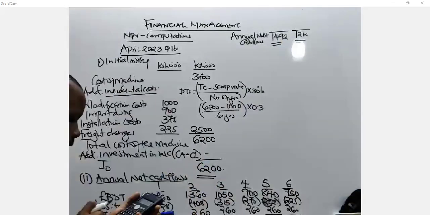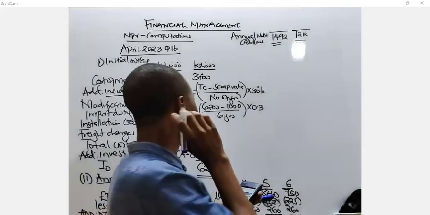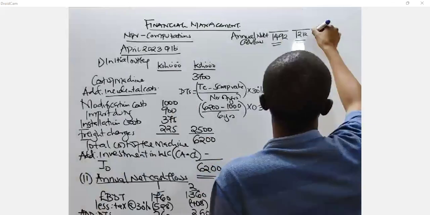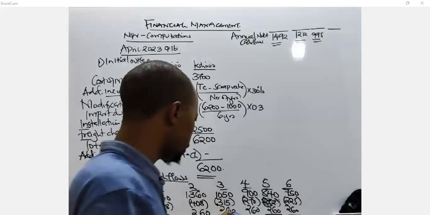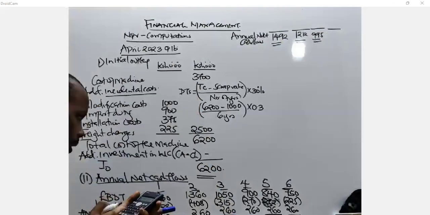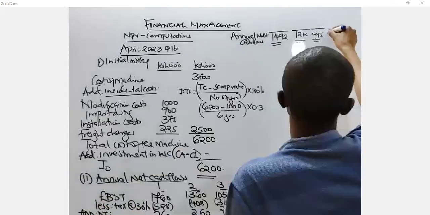We have 1,050 minus 315 plus 260, getting 995. Year 4, we have 900 minus 270 plus 260, getting around 890.